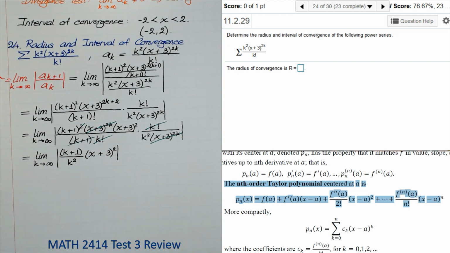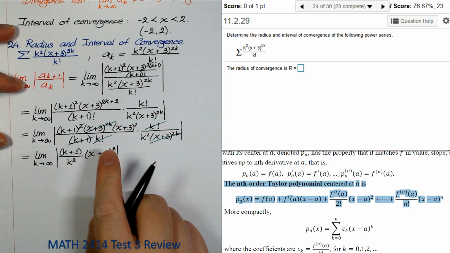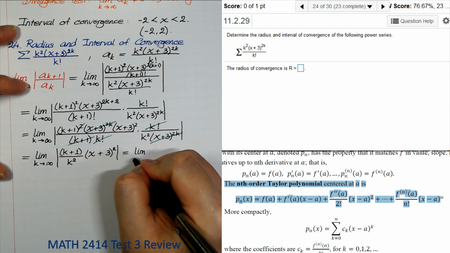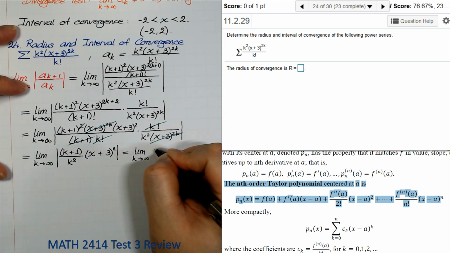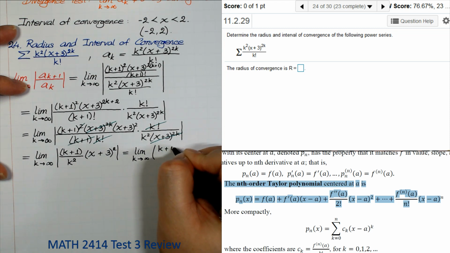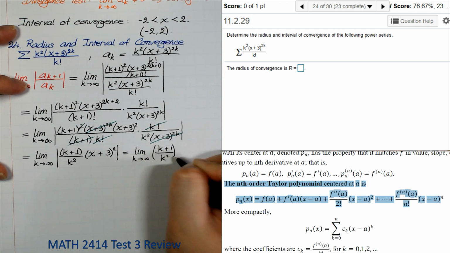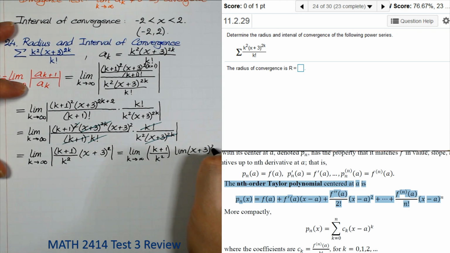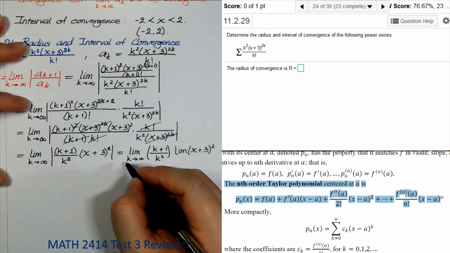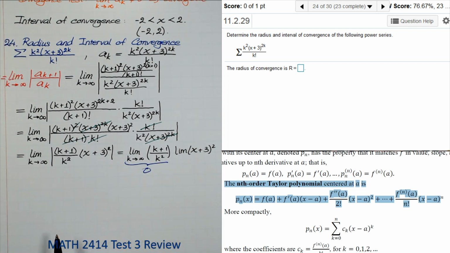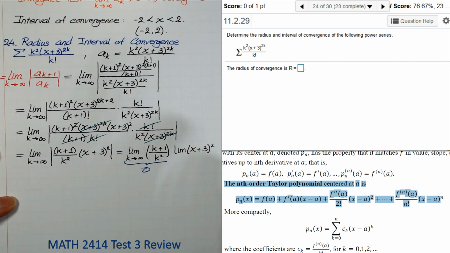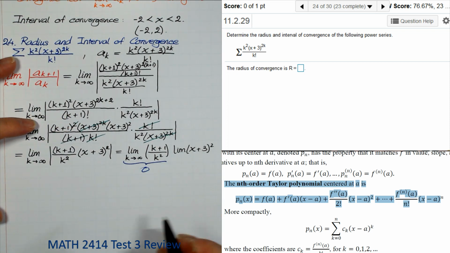By the way, we have the squares, so we don't really need the absolute values. What I do is split the limit for that term first, and then the limit of the others. Now, notice that this one equals 0, because the bottom has the bigger power. Let's write that out.